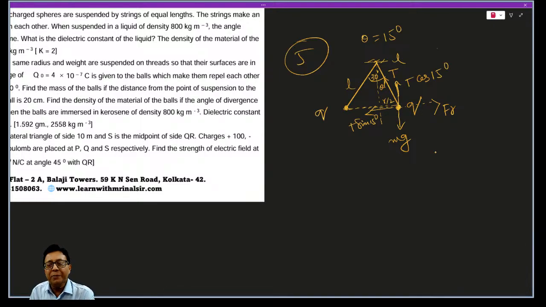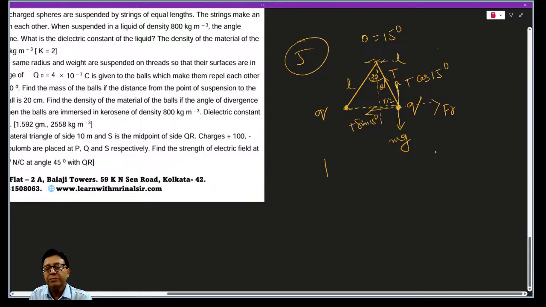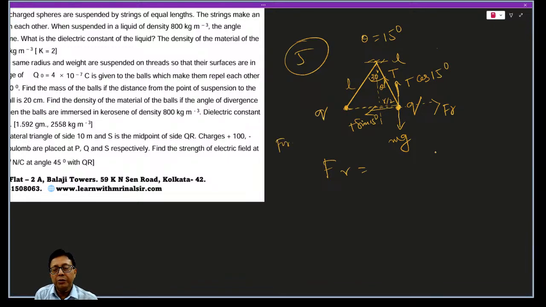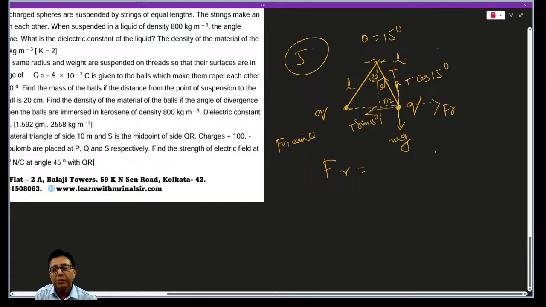So force of repulsion is balanced by what? The force of repulsion is balanced by the component of tension. So Fr is equal to what?